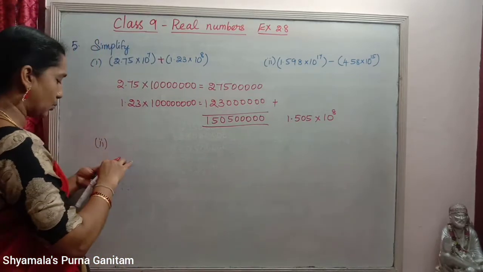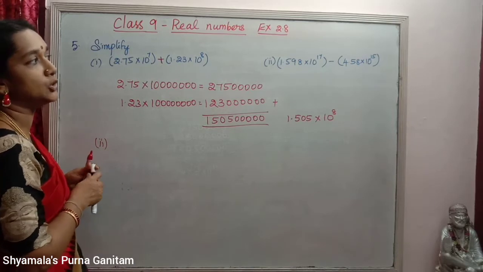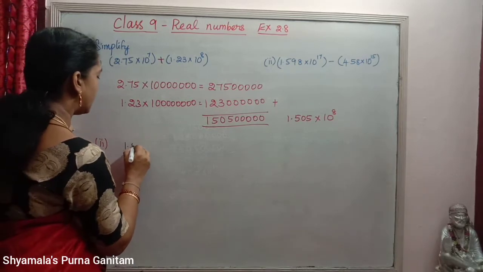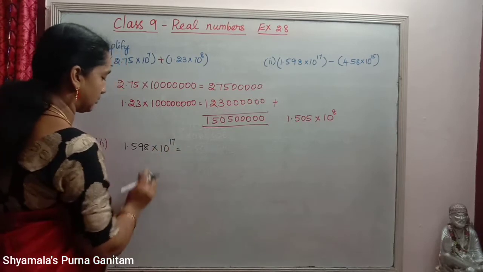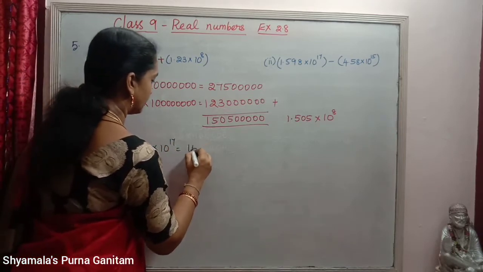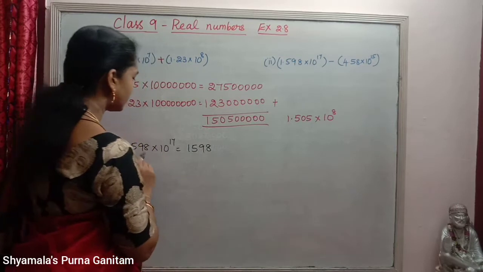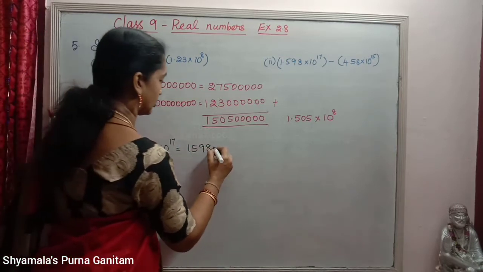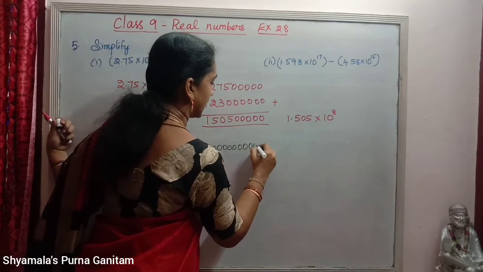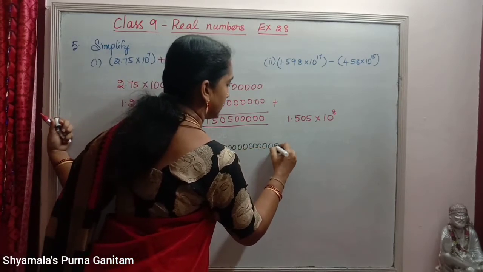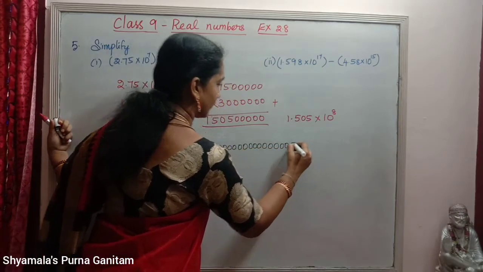Second sum is 1.598 into 10 power 17. First we will simplify this. So 1598 followed by 17 zeros: 1, 2, 3, 4, 5, 6, 7, 8, 9, 10, 11, 12, 13, 14, 15, 16, 17 zeros.